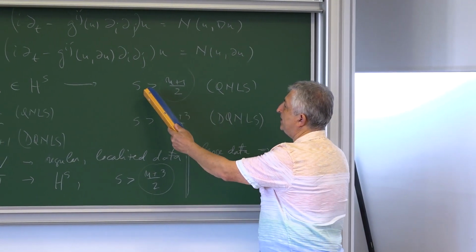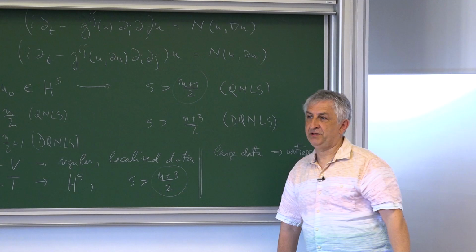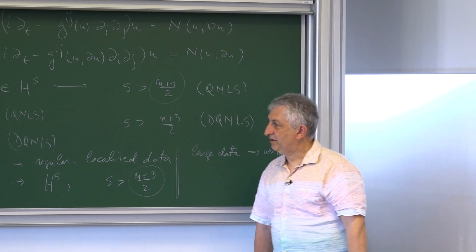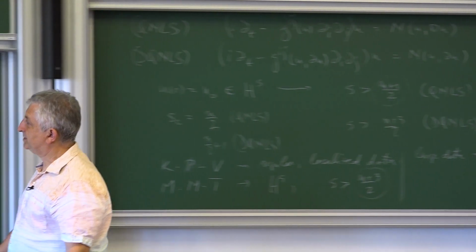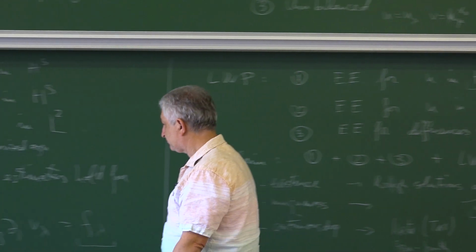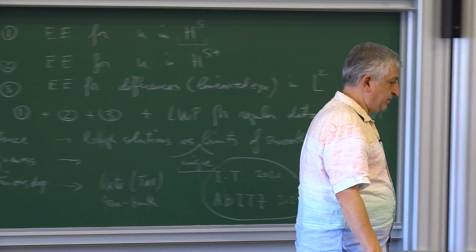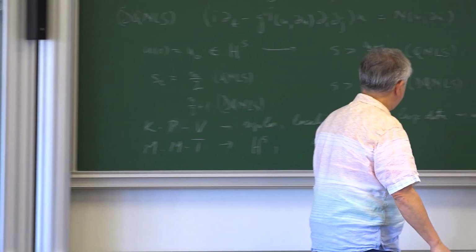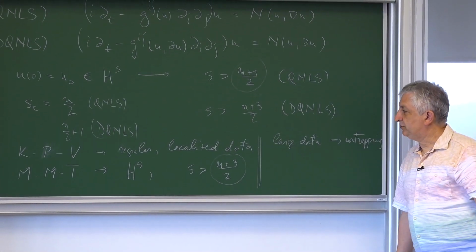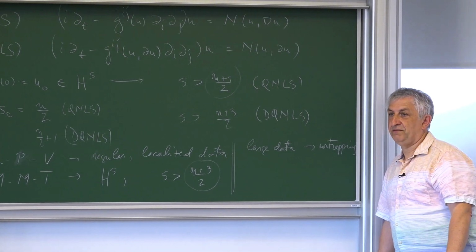If you're only at s greater than n plus 1 over 2, if you write down the equation for geodesics and you want this equation to be meaningful, then at the very least you need to know one derivative of the metric.